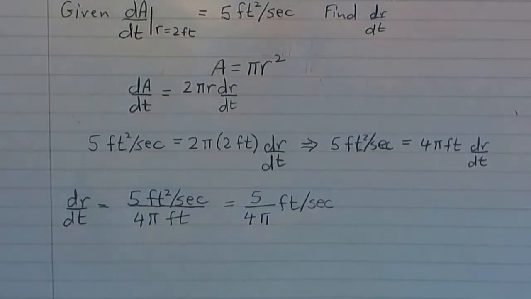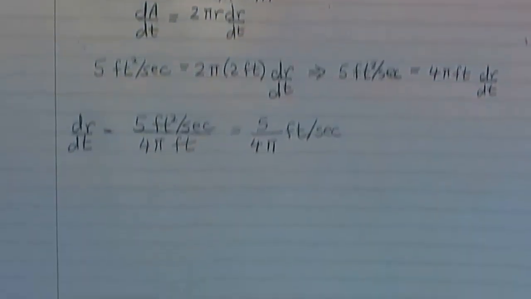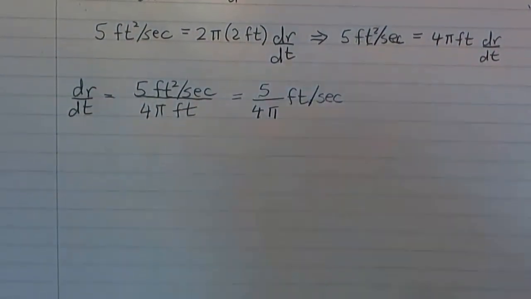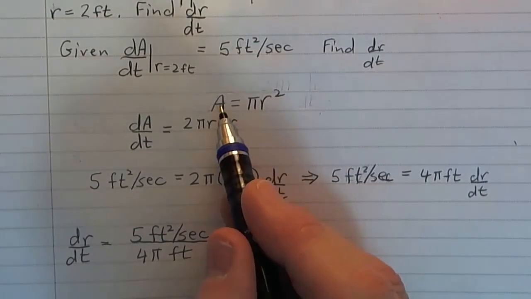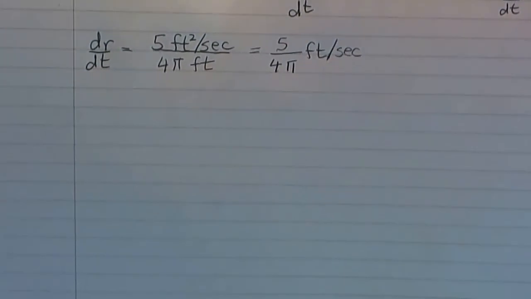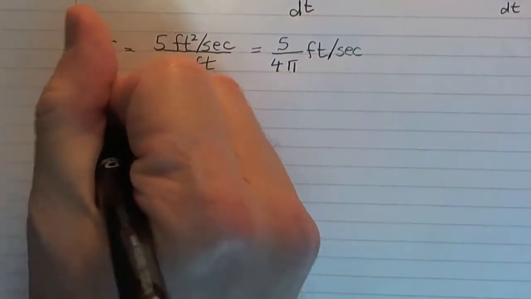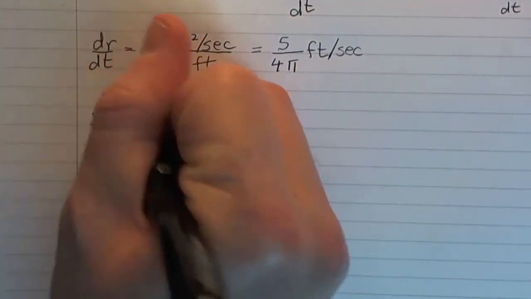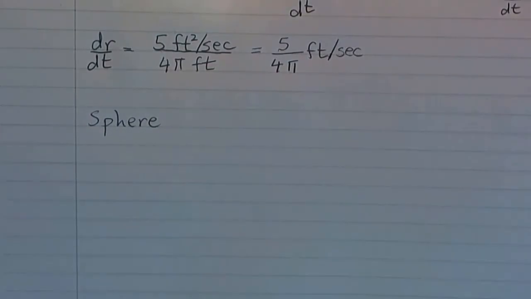Now, let's suppose that we have a situation like this. Remember, we knew that area equals pi r squared. Now let's suppose that there is a sphere. So we're switching to a different problem now.